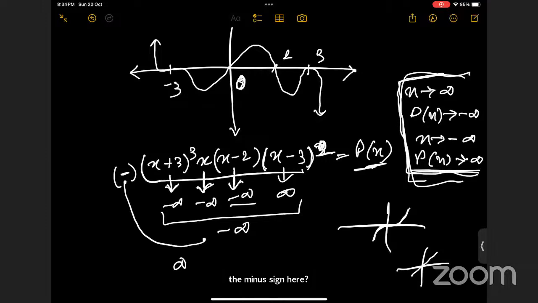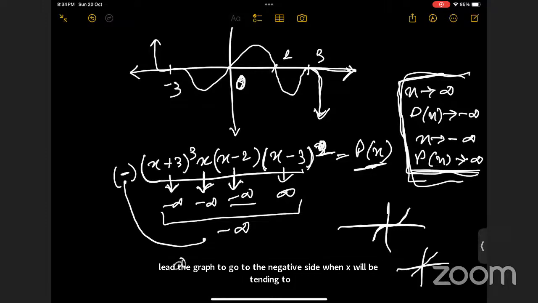Because we have to maintain the end behavior, the end behavior should be the same for the equation and for the graph, right? Because the equation is of the graph. So when you are on the positive x-axis, the graph is going towards the negative side. That means, it's an intuition, there should be something negative with the highest power of x, which will lead the graph to go to the negative side when x is tending to positive infinity.